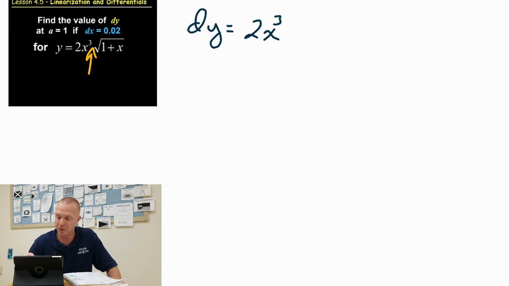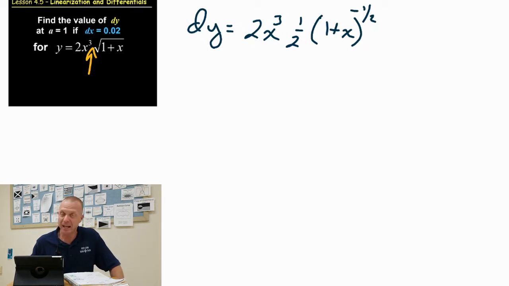Now the derivative of a square root, remember, is the same as an exponent of 1/2. So what you're seeing me do here is bring down the 1/2. But of course I have to finish the outside derivative, that is changing the exponent to be -1. And then you've got to do the derivative of the inside. That's called the chain rule, but the derivative of the inside is just 1.